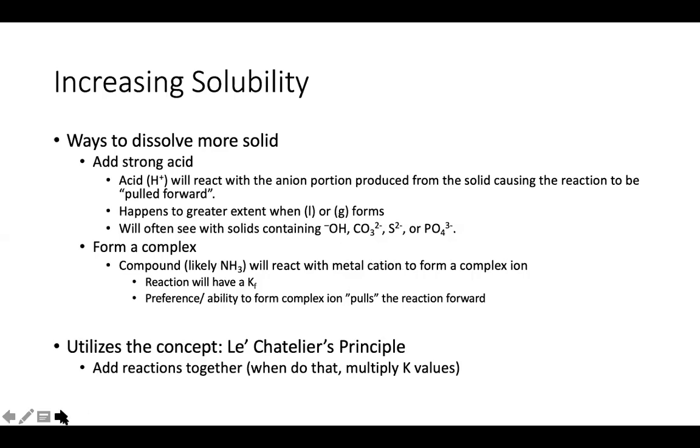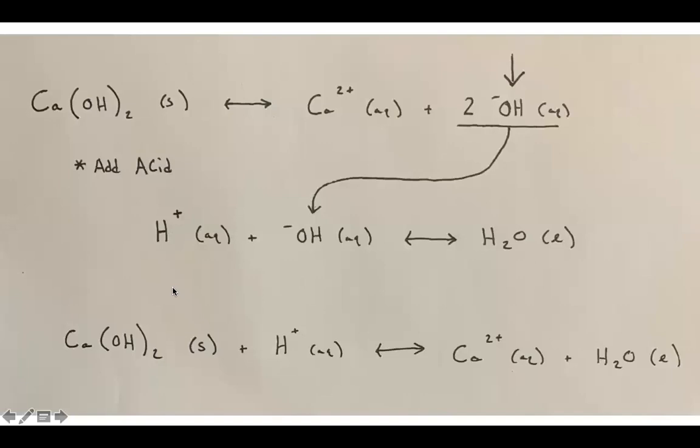My last slide is a picture showing this. This is an example of adding an acid. If we have calcium hydroxide, it'll split into calcium and 2 hydroxide ions. If we add acid to this scenario, the H+ from the acid will react with the hydroxide in our first equilibrium, and these will preferentially form water.